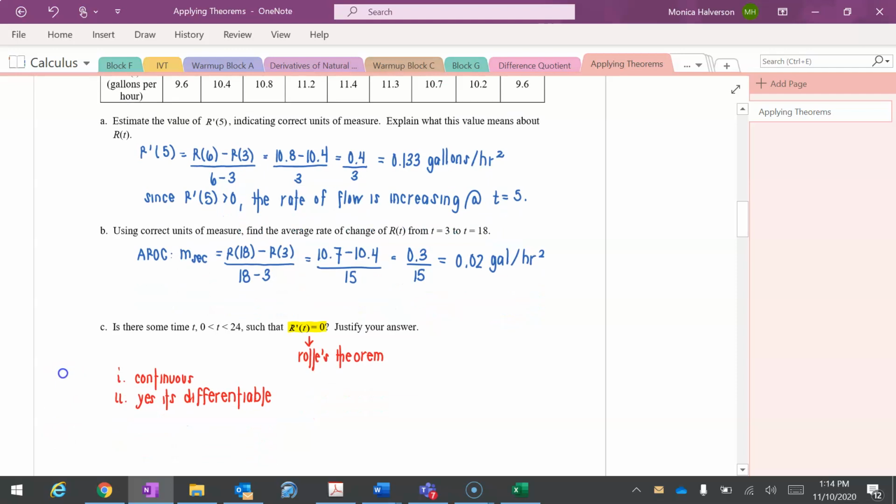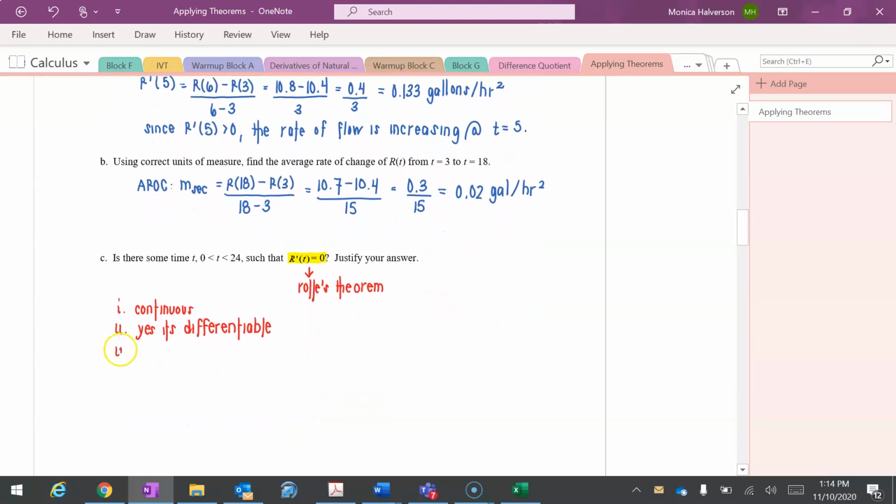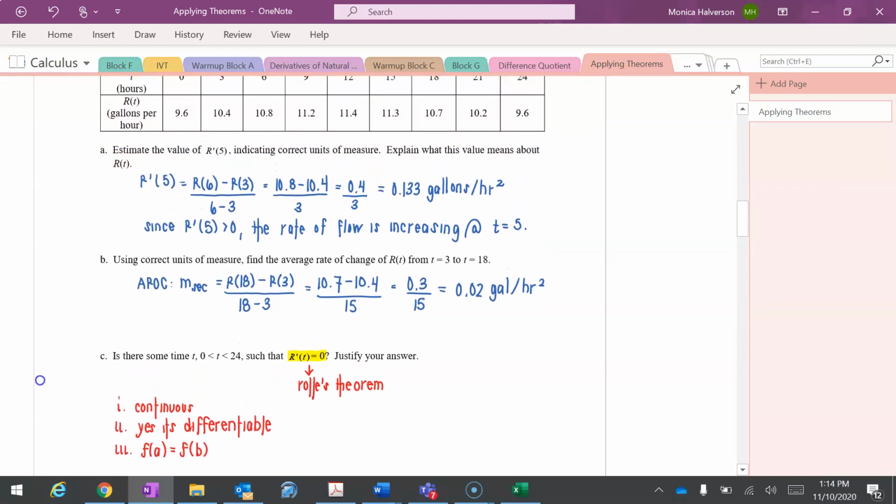So then the 3rd condition of Rolle's theorem, if we remember, is that there are 2 values in which f of a is equal to f of b in order to make the first derivative equal to 0.